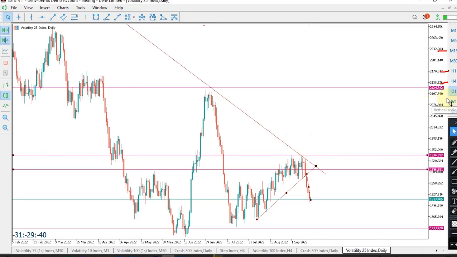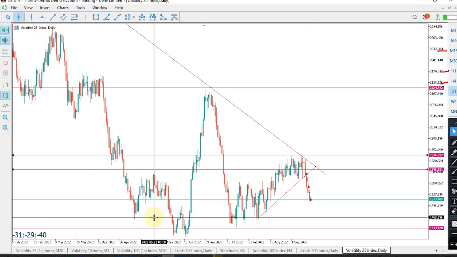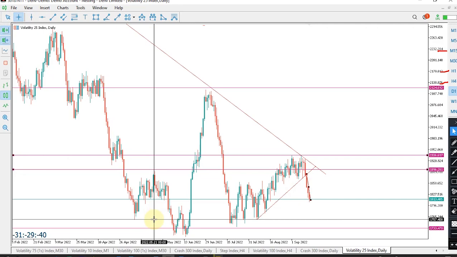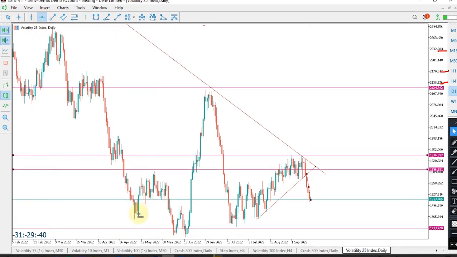And coming back to the daily time frame, our next big take profit should be, I will consider this. It should be this level, or you should consider take profit here or this level.